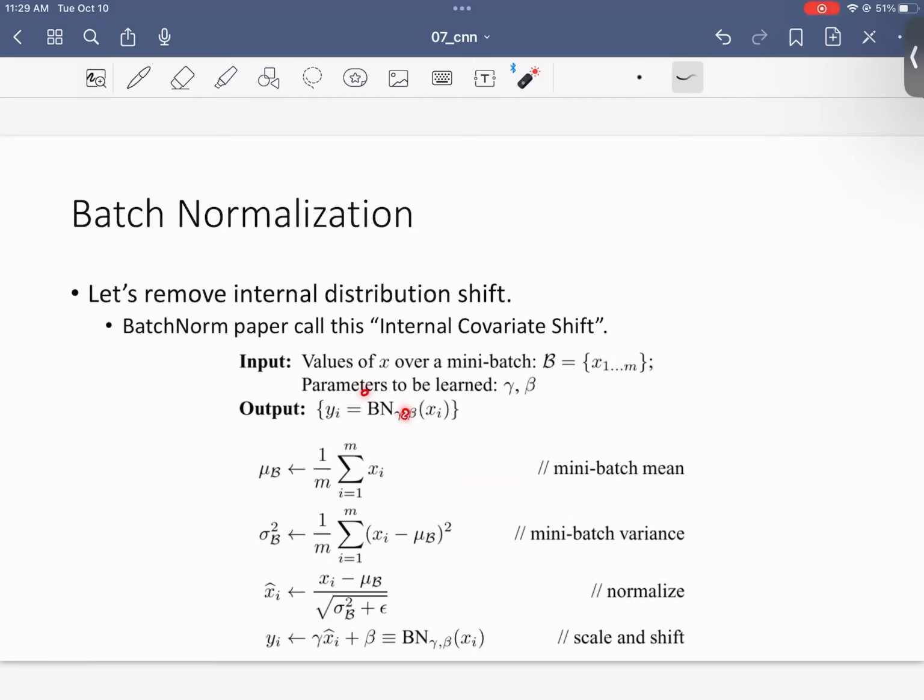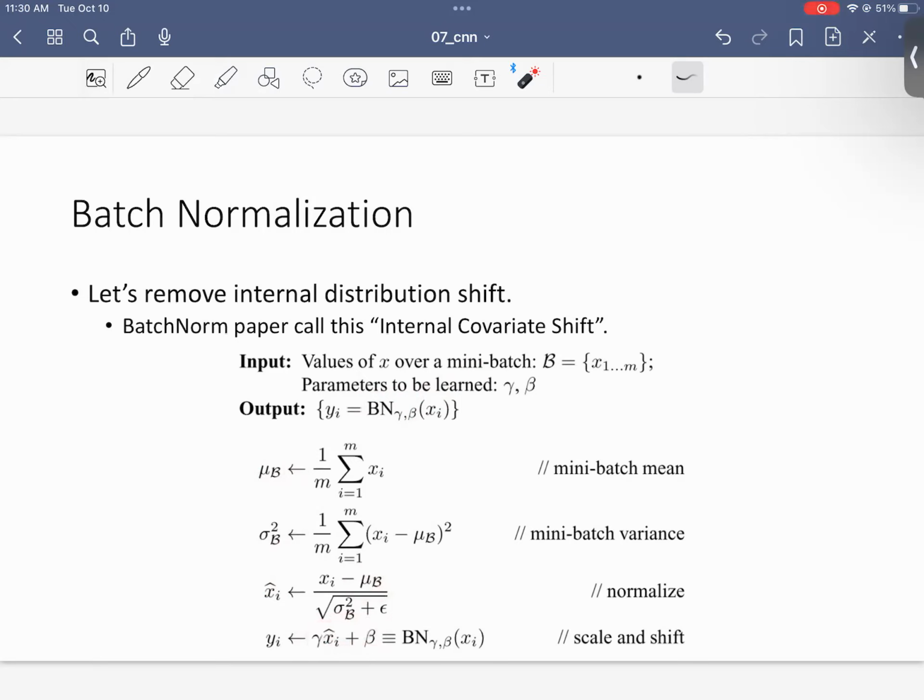What does the BatchNorm function do? You take the ith input, and you do a BatchNorm over it, which is simply calculating the mean and standard deviation, normalizing it, and then scaling and shifting. This is where gamma and beta, the learnable parameters, come in. If your gamma is the same as sigma, and your beta is the same as mu, then y is actually xi, so it's not doing anything.